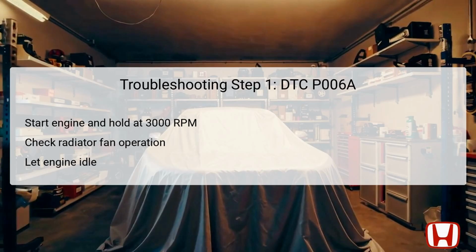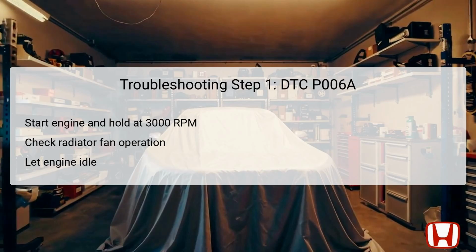Once the fan comes on, the engine can then be allowed to return to idle. Monitoring the engine at these speeds helps to establish baseline readings for various components involved in air intake measurement.